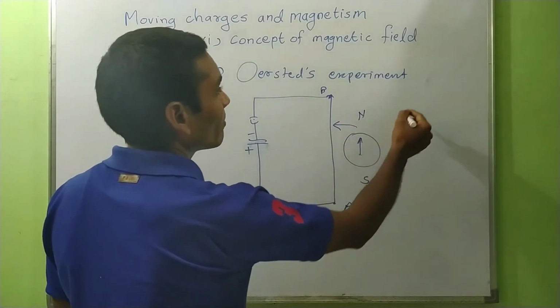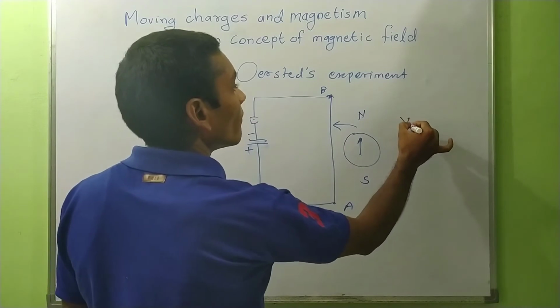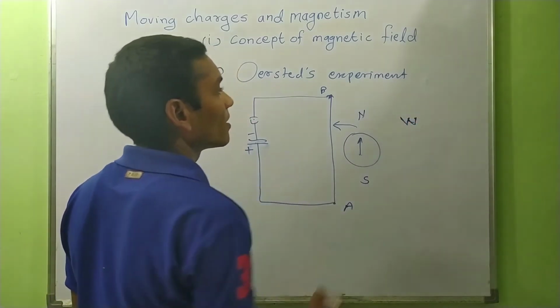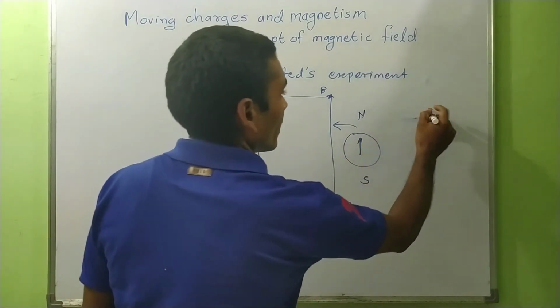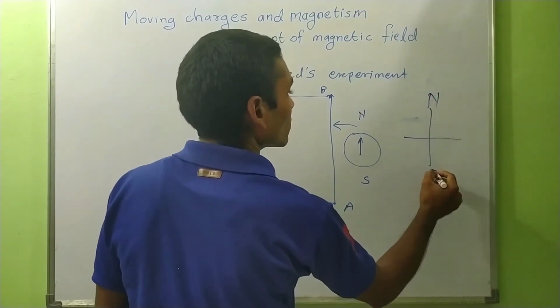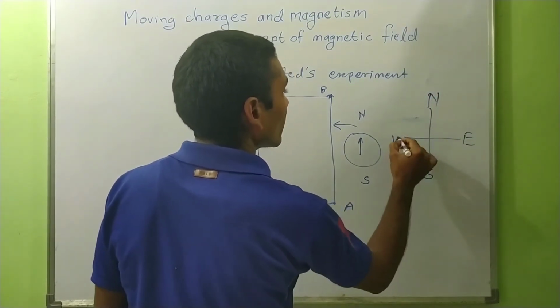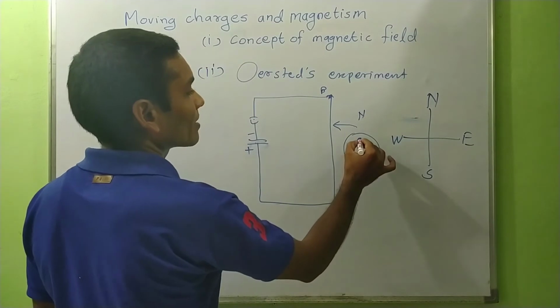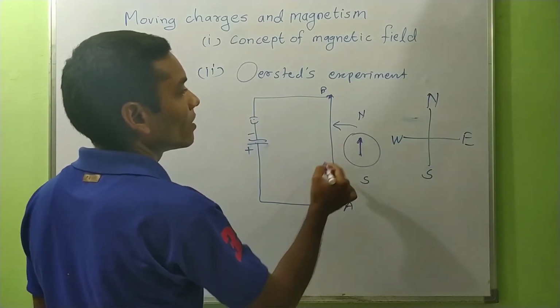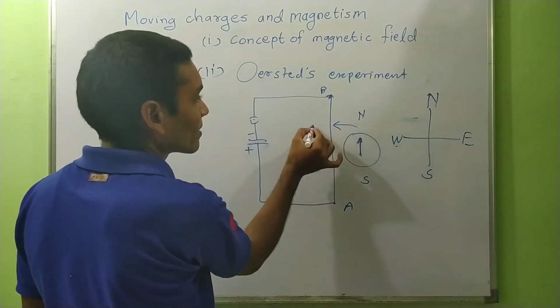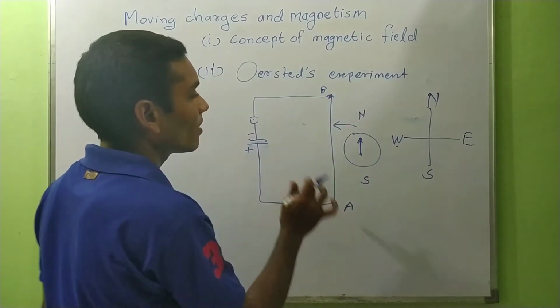Means the deflection will be in the west direction. If this is north, south, east, west, the deflection in the magnetic needle is towards the west direction, towards the conductor.